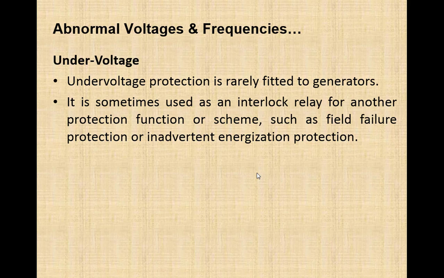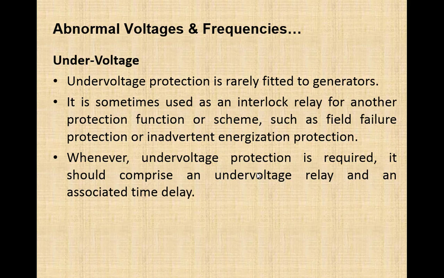It means just before closing the final main circuit breaker to sync the generator with the bus bar, under voltage relay will be brought in service, and that will make sure that interlocking is not possible unless we have proper voltage available. Similarly, under voltage relays can be used to detect the failure of excitation, that is known as field failure.